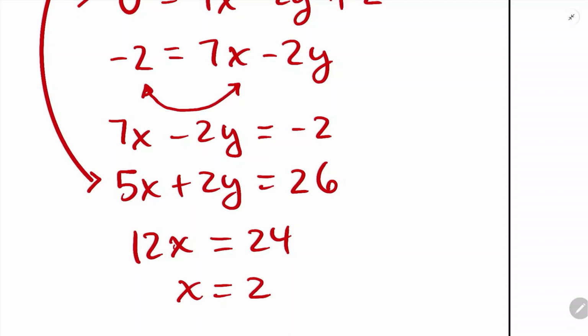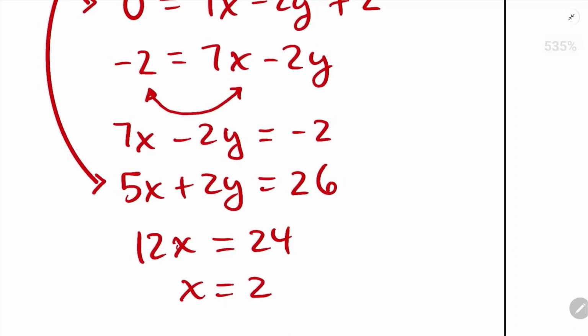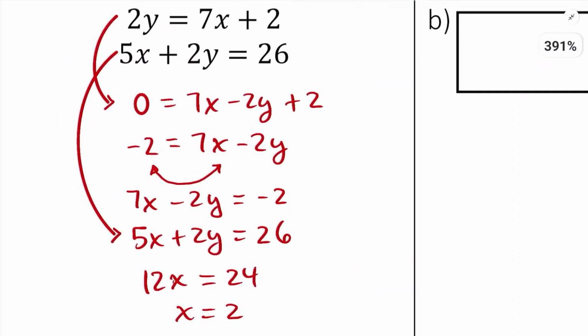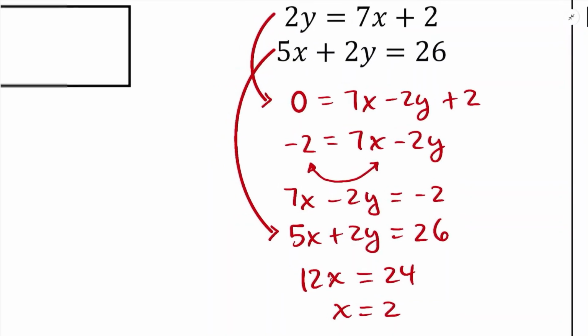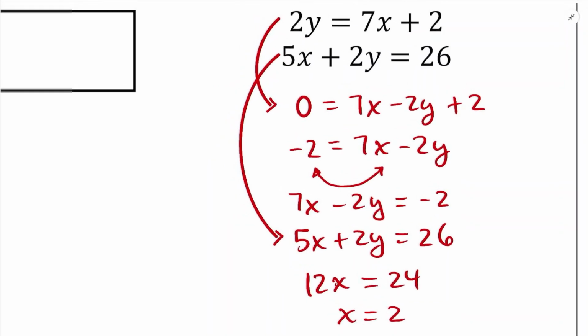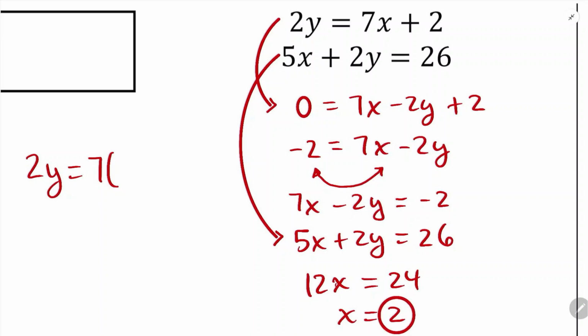Well, now that I know what x is, I need to figure out y, and I always like to go back to one of my original equations to figure out that other variable. I can see that the top equation is kind of nice because it tells me that 2 times y is equal to 7 times x plus 2. Well, I just figured out that x was 2, so I'm going to place that value in here.